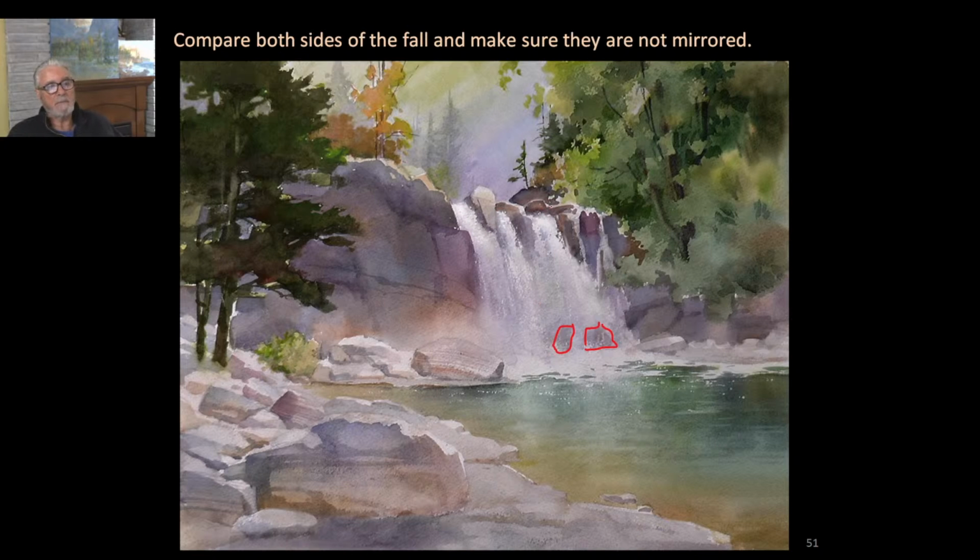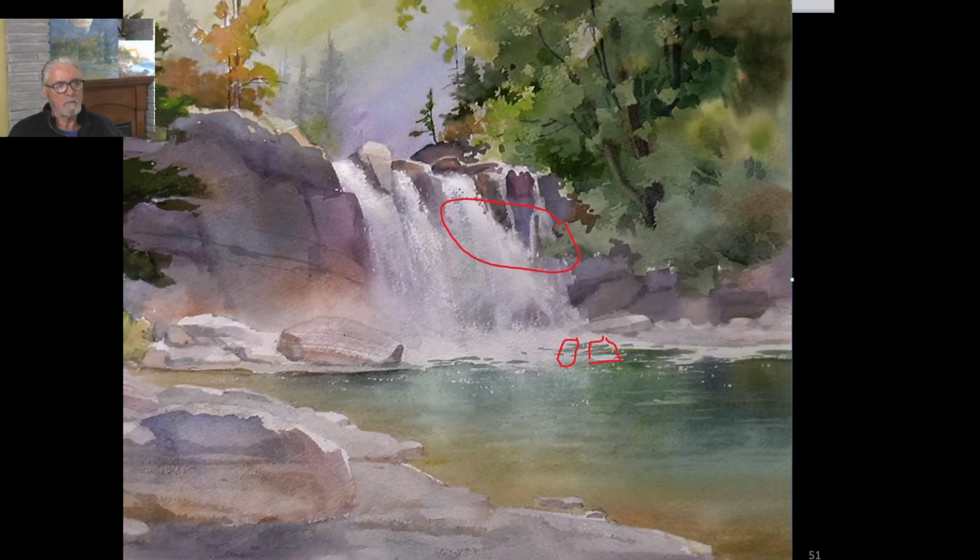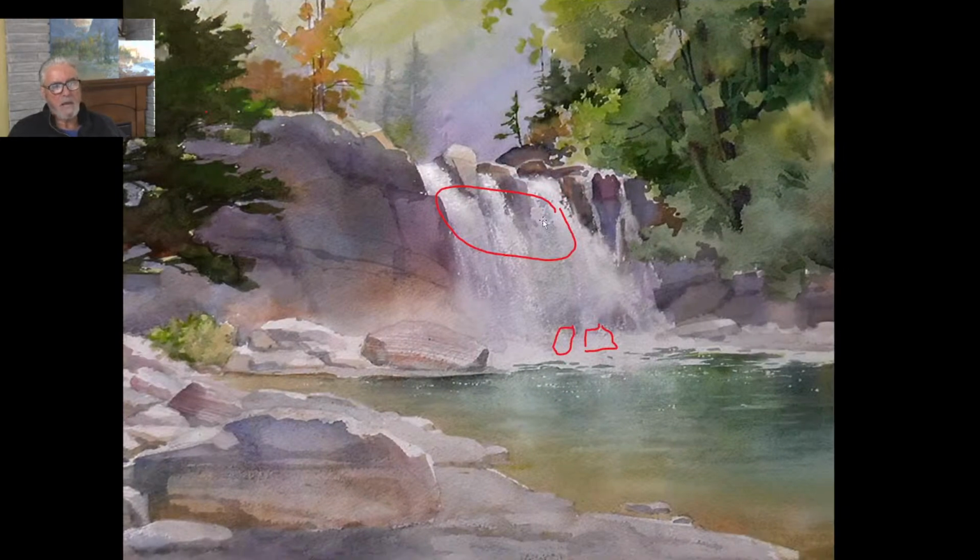I used, incidentally, sandpaper. You can see the texture. Let me zoom in here for you. I use coarse sandpaper at the top of that waterfall to create that bubbly effect.